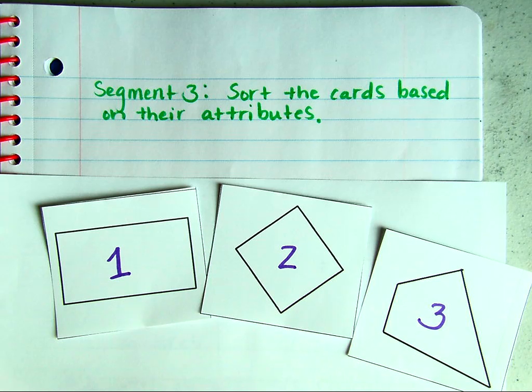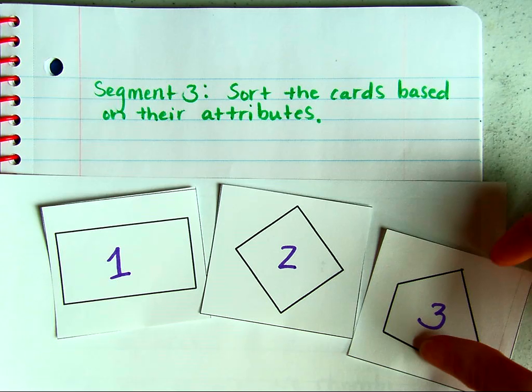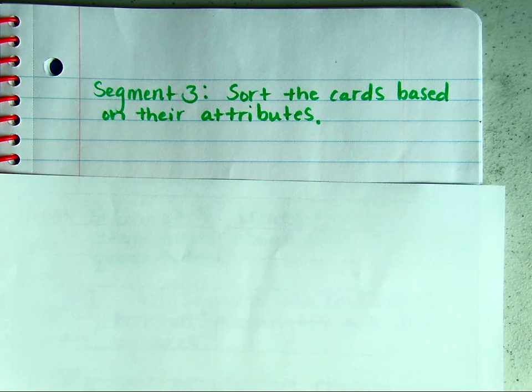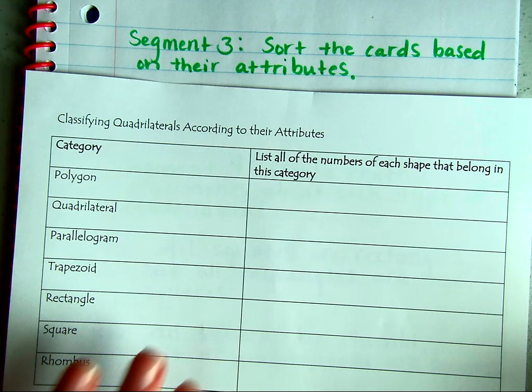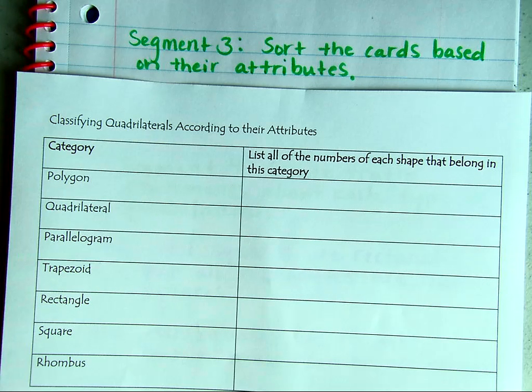Okay, now that you have all of your shapes cut out, we are going to put these shapes into different categories. The first category you're going to look at are polygons. So we know that polygons are 2-dimensional shapes and they are closed figures.